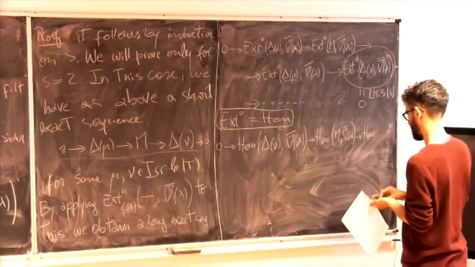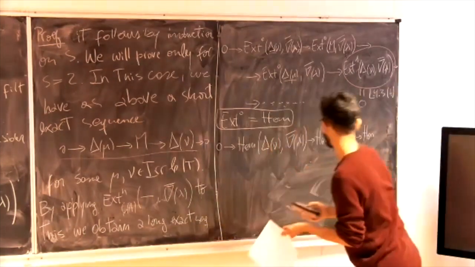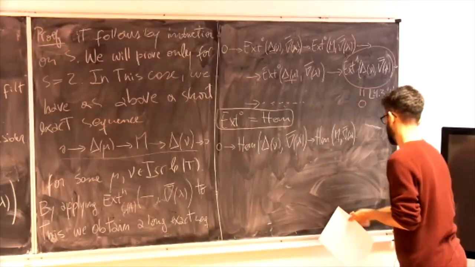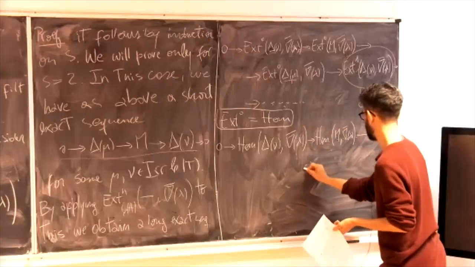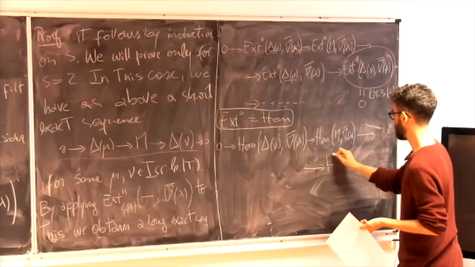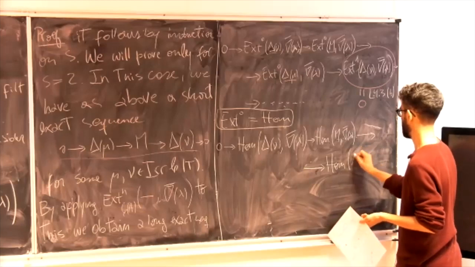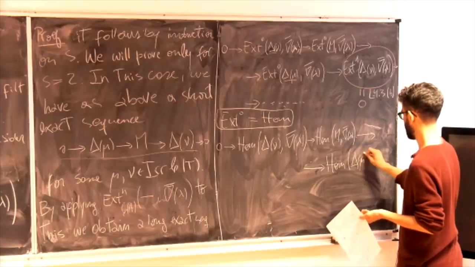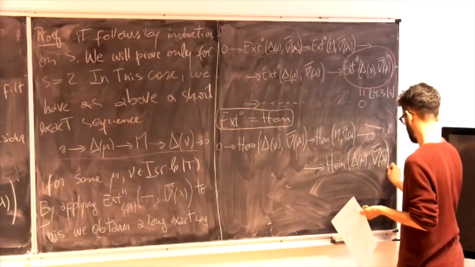Wow. I don't have a space. I will write the same, but well, the exact sequence continues down. It is Hom of Delta mu, nabla lambda, 0.